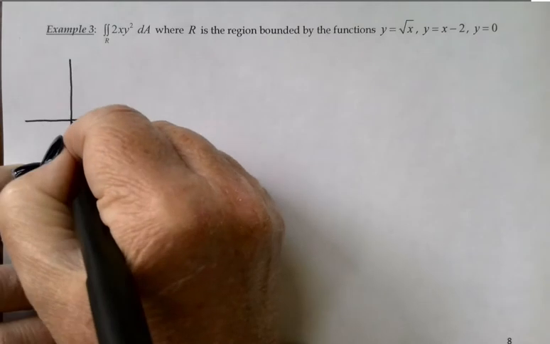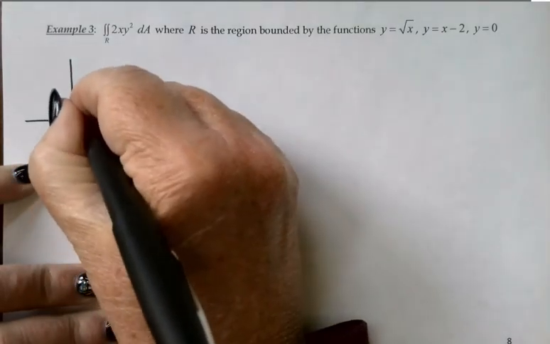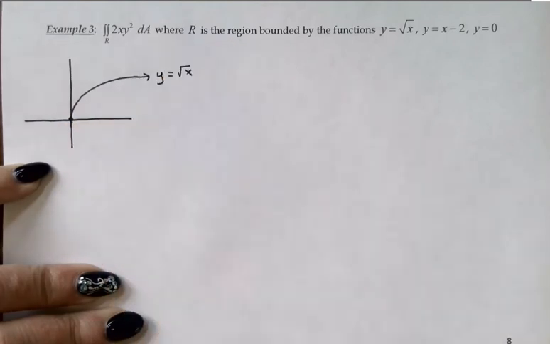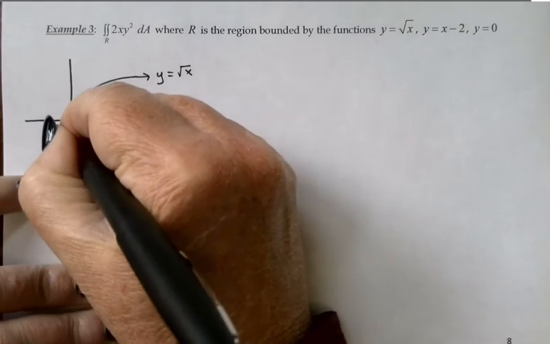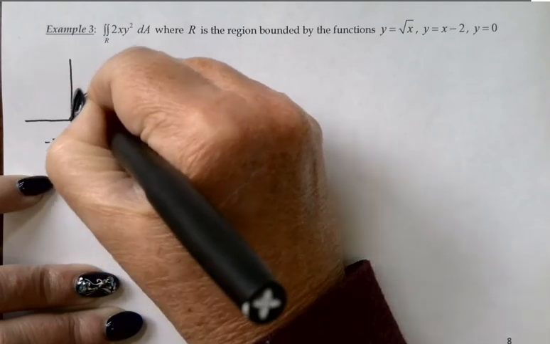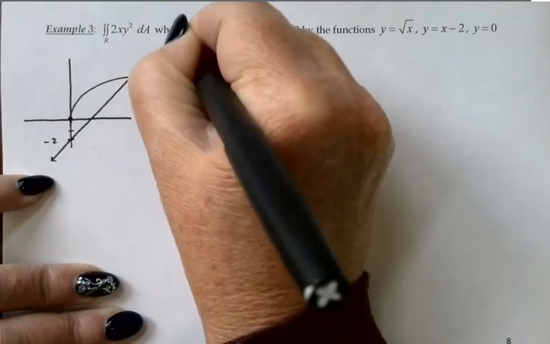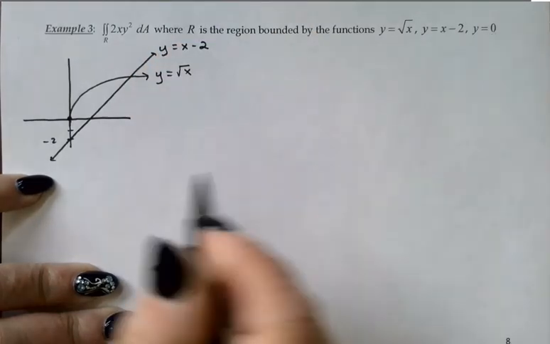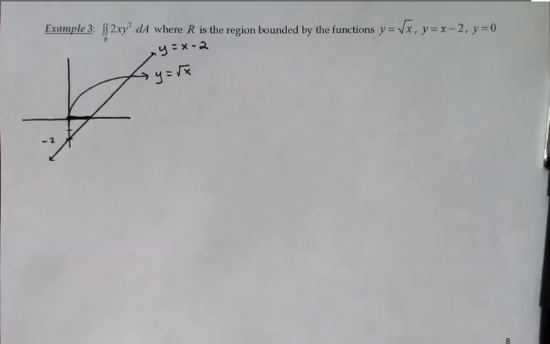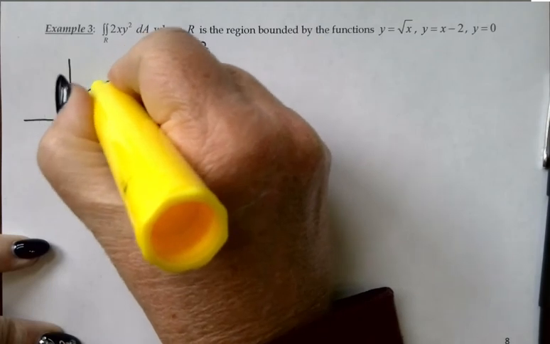My region's bounded by y equals the square root of x, and y equals x minus 2, so a line with y-intercept of negative 2, and y equals 0, which is the x-axis, meaning that my region this time looks like this.